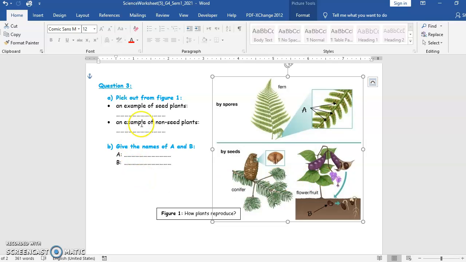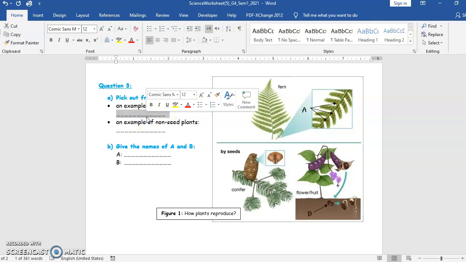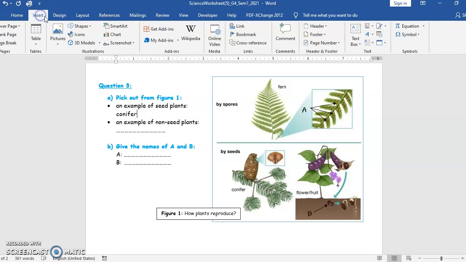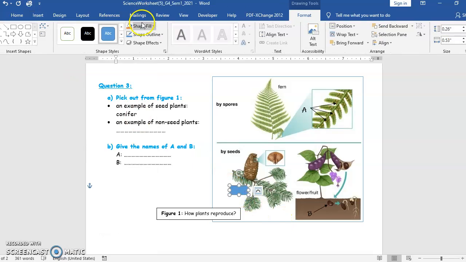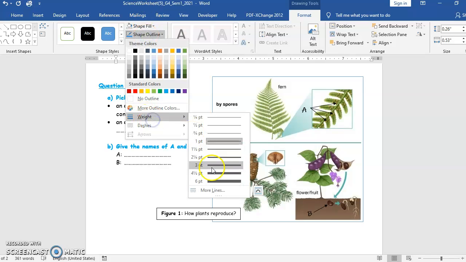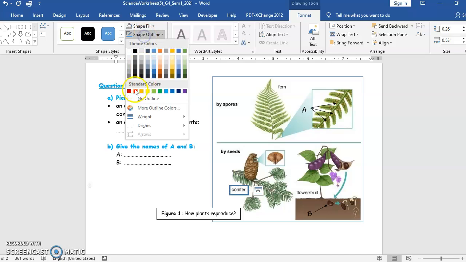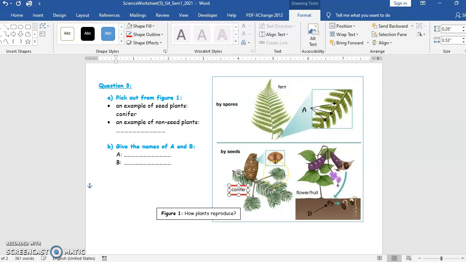What is an example of seed plants in here? It's the conifer. So let me circle this. Okay. This is a conifer.